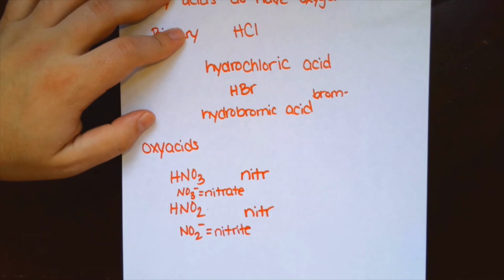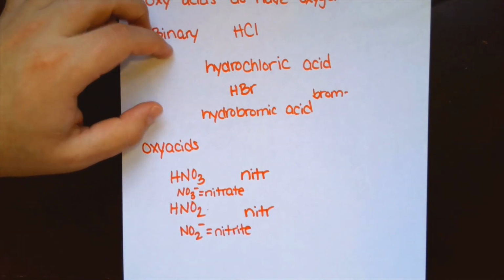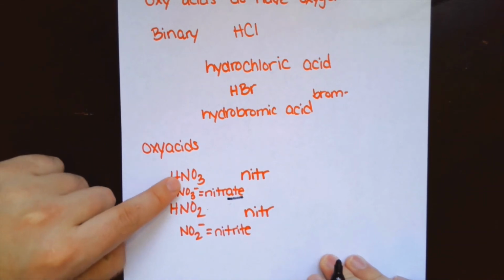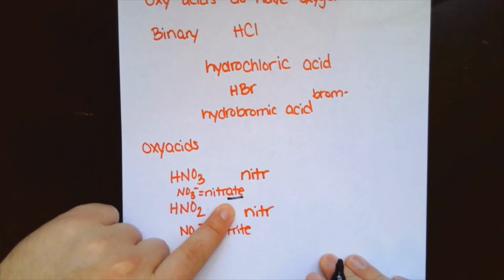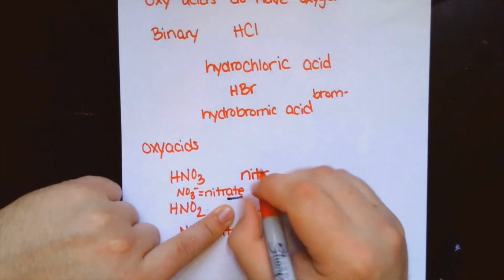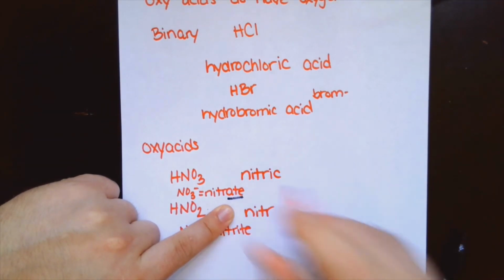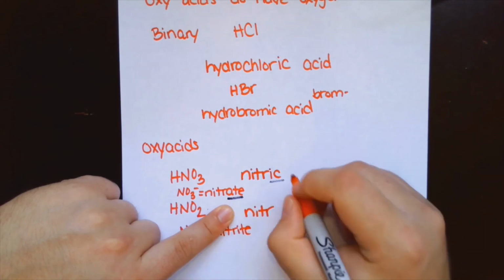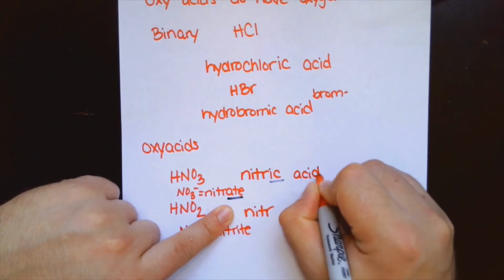So if you're forming an acid with a polyatomic that has an ATE ending, you give its acidic form an IC ending. And then of course you just write the word acid, so nitric acid.